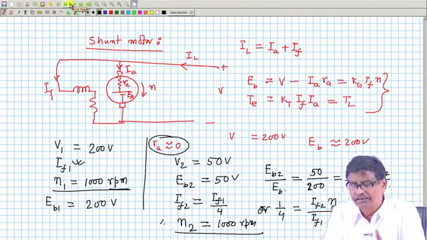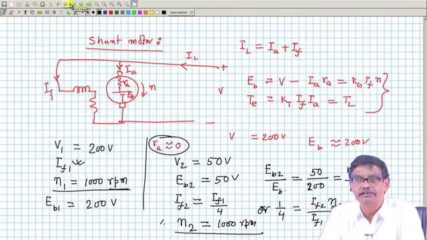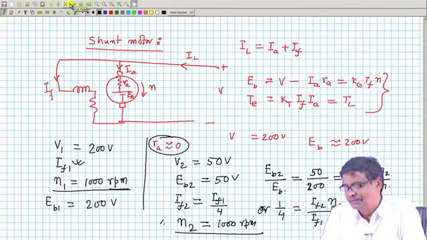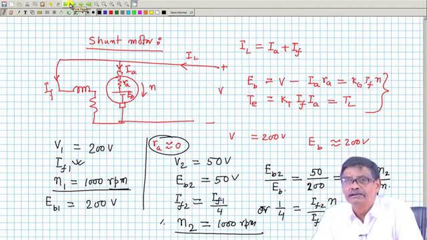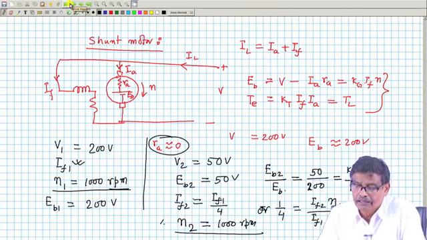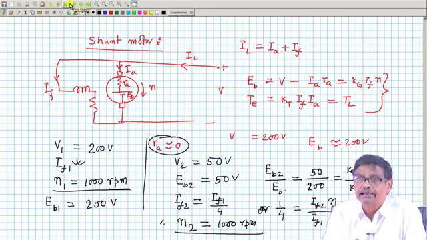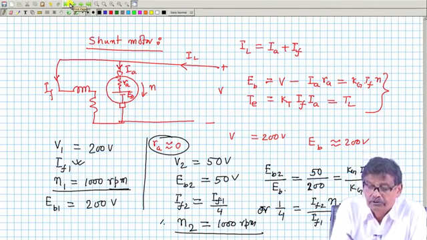I have assumed it is running at steady state. How it reaches steady state, that also I will discuss, but first is this steady state, and you can carry on calculation. So, several problems once again you can solve on your own, and enjoy reading, analyzing DC motors. Okay? We will continue with that.